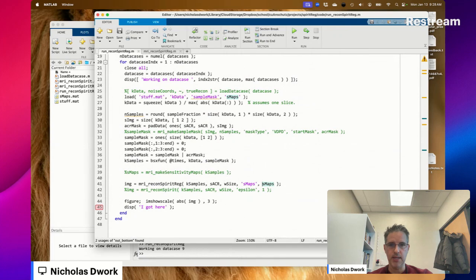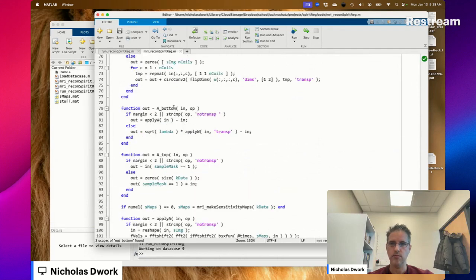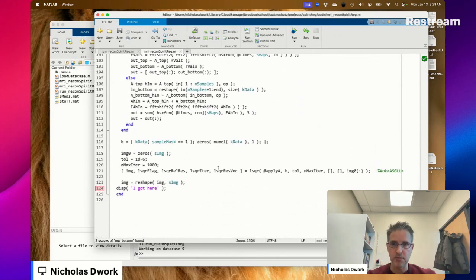Now we got to pass in a lambda. Okay, so now I think I'm accounting for lambda. So lambda was 1 before, now it's 1 times 10 to the negative 3. Doesn't really matter.